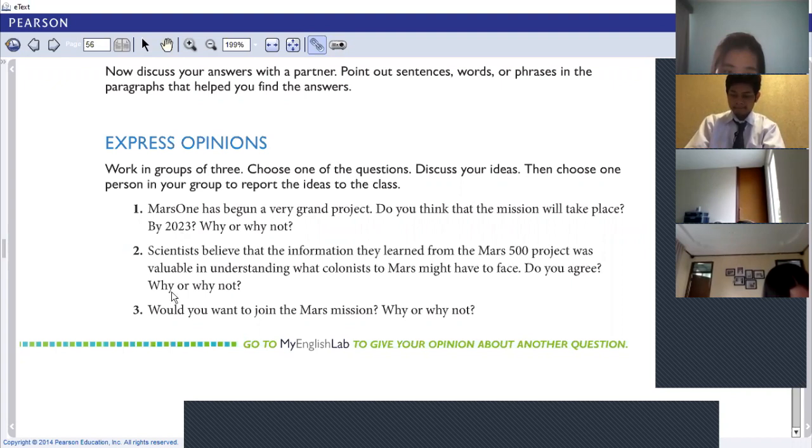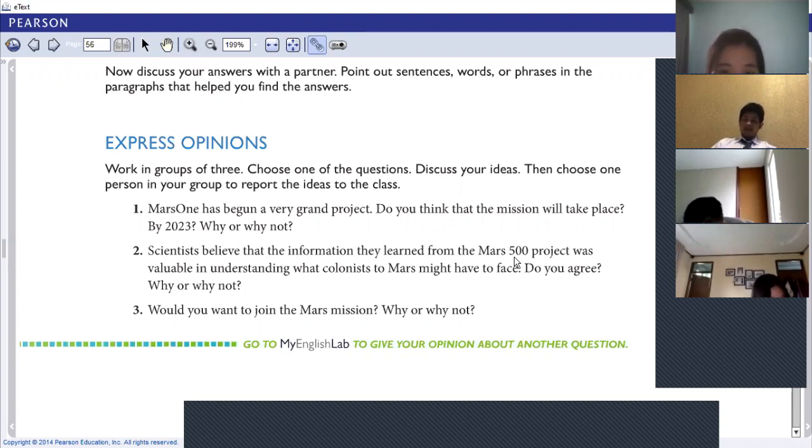Yeah. Scientists believe that the information they learned from the Mars 500 project was valuable in understanding what colonists to Mars might have to face. Do you agree that that is valuable? Michael, can you answer that for me? Do you agree that that is valuable? Doing such a project, would that help before actually going to Mars?